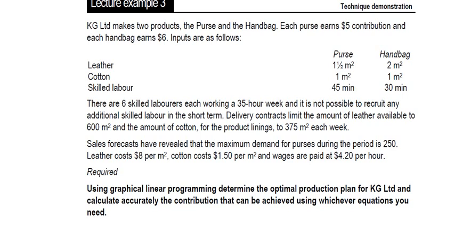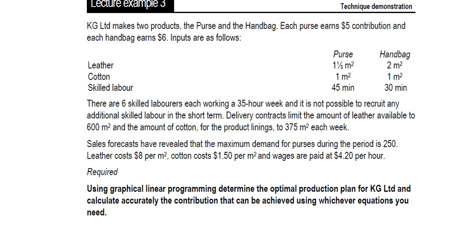Leather costs $8 per square meter, cotton costs $1.50 per square meter, and wages are paid at $4.20 per hour. You are required, using the graphical linear programming, to determine the optimal production plan for KG Limited and calculate accurately the contribution that can be achieved using whichever equation you need.